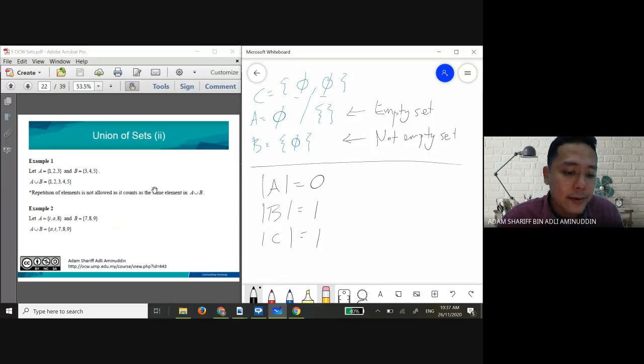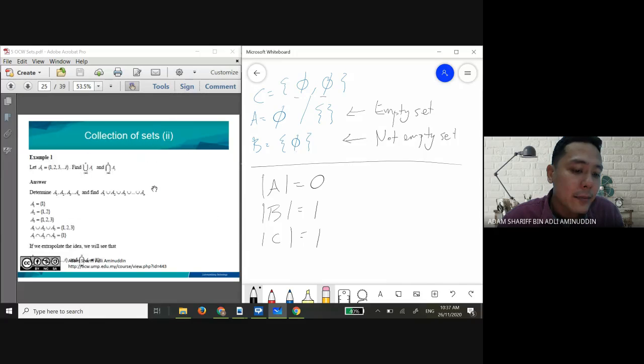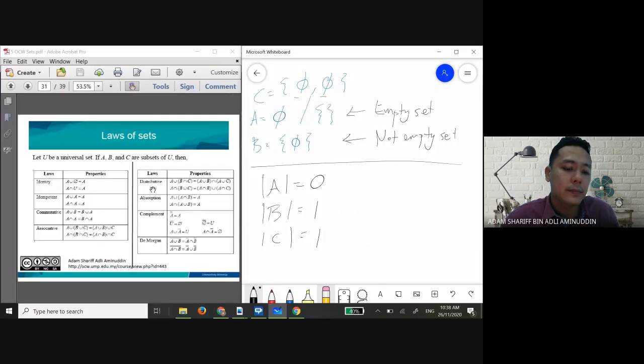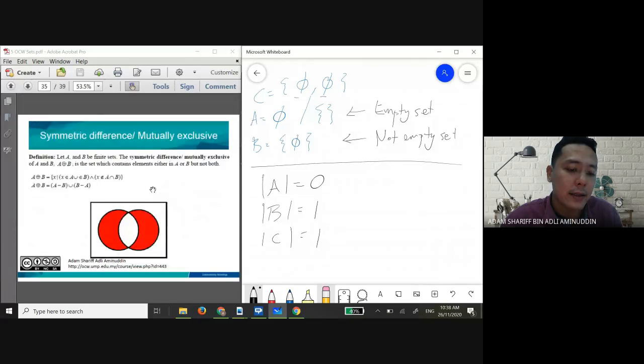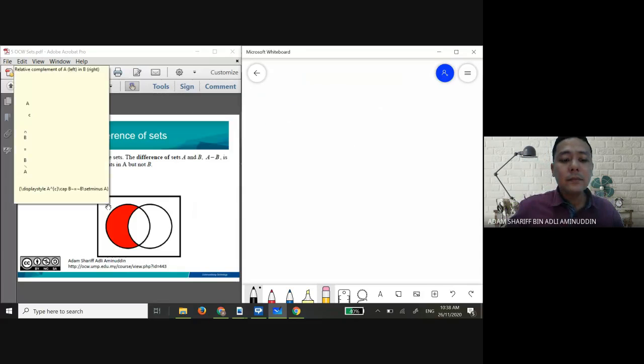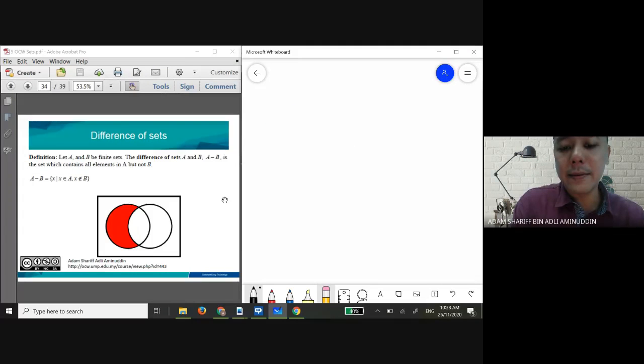Union, it's very simple. I think I want to discuss a little bit on the difference of set first. Yang lain boleh baca sendiri, addition of set nanti dulu, difference of set. Alright. So pay attention please. Sebab selalu ini saya ajar dalam kelas, saya tak tunjuk semuanya dalam slide. Okay. Suppose A, I define as a very simple one: 1, 2, 3, 4, 5.